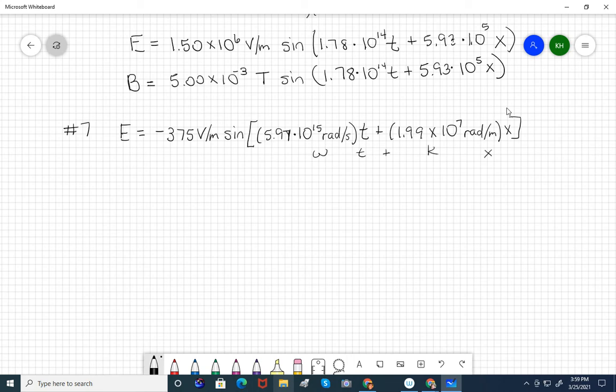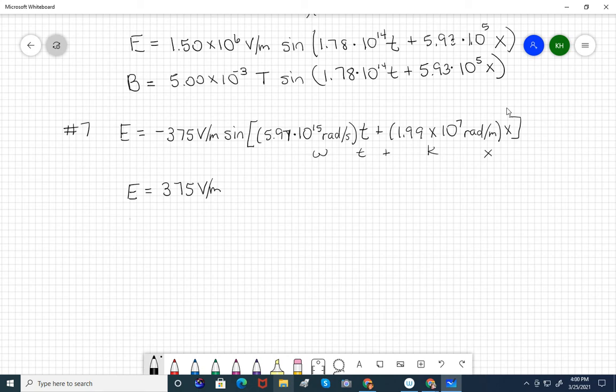You just have to look and pull things out of the equation. It says, what are the amplitudes of the electric and magnetic fields of this wave? Well, the electric field amplitude, and we'll go with just its absolute size, is 375 volts per meter. All the negative means is that it was pointing in the negative direction at that moment.